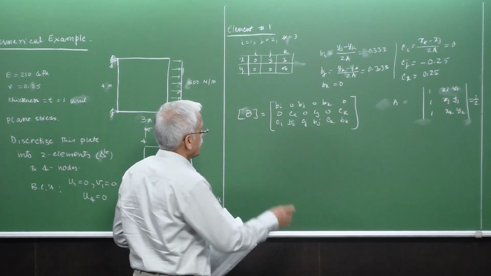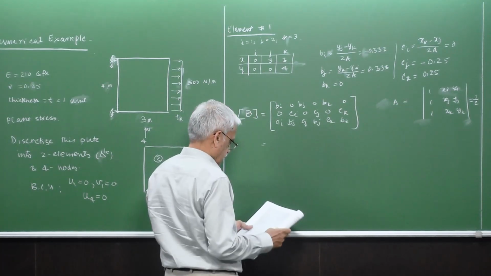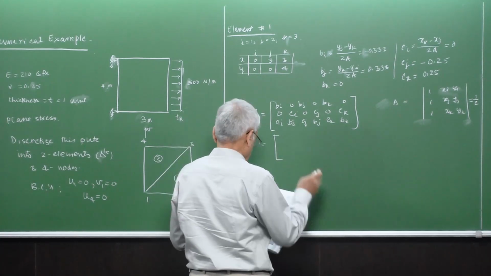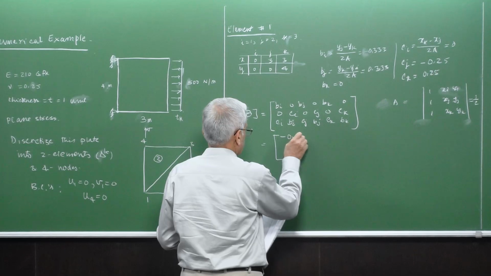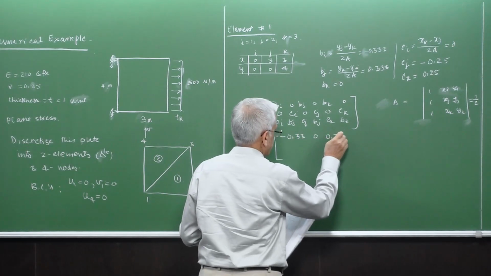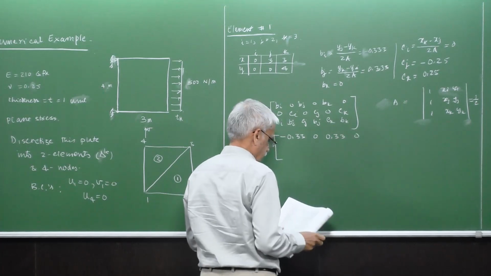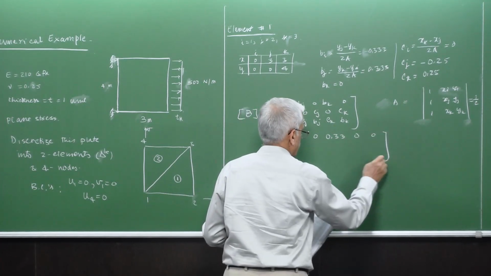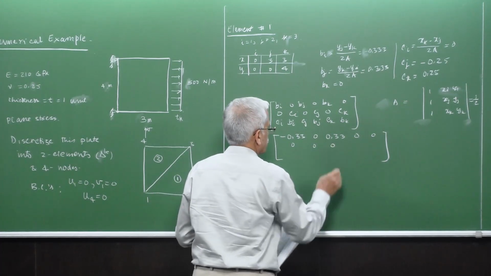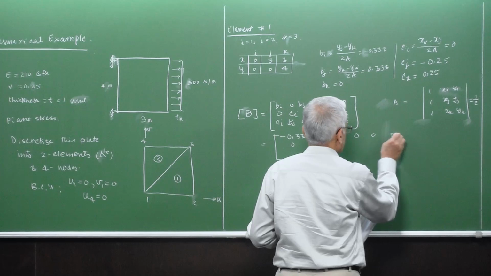So this is the general formula, and you can write it as minus 0.33, 0.33, 0, 0, 0, 0. There's one more 0 here.